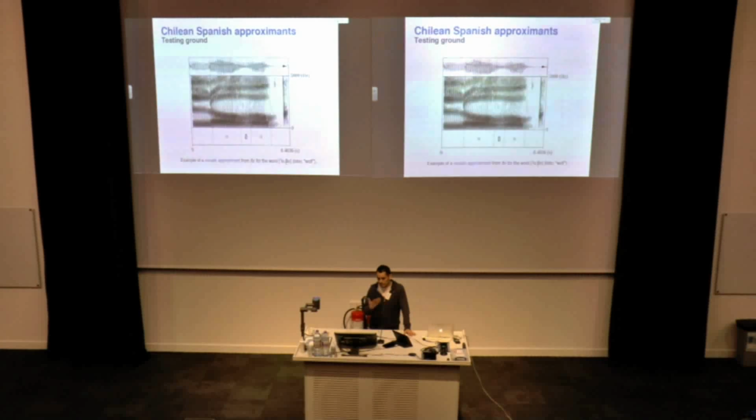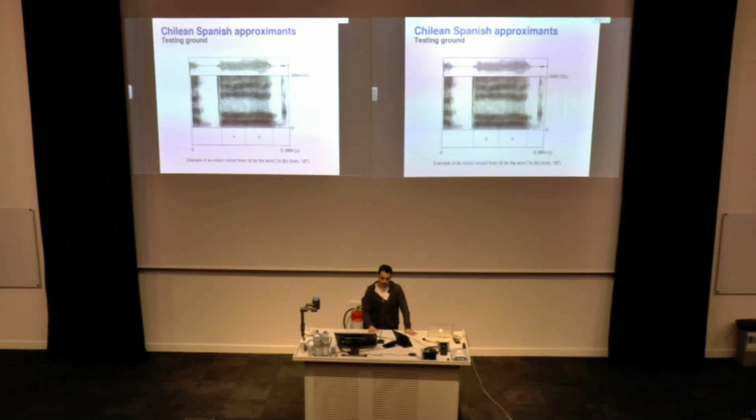So it's less present in the signal somehow. It's more lenited, and this would be a typical example of an elided variant. There is nothing in the signal that clearly shows that there is an approximant there, where it should be at least underlyingly. This is the word todo. So in some conditions at least it should be there, but then it's missing.